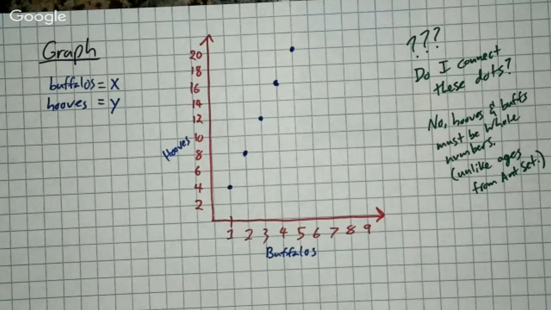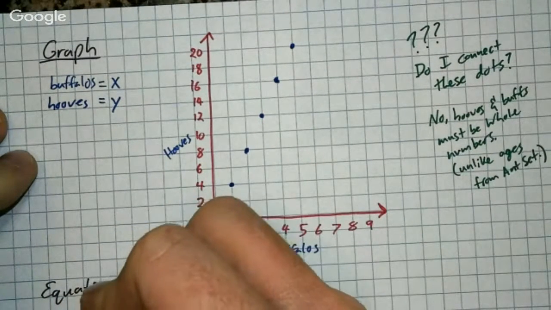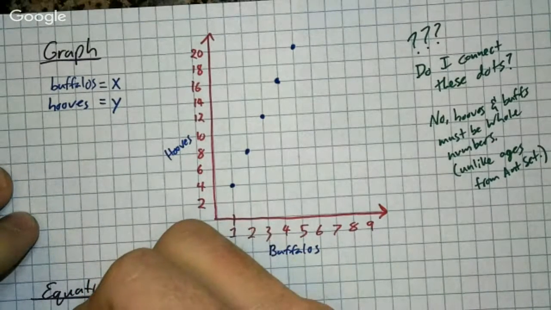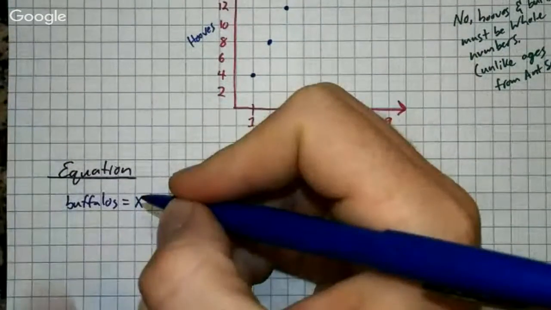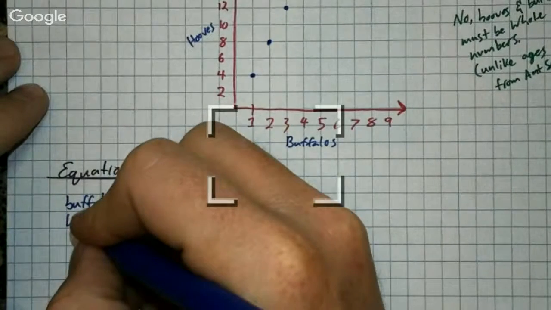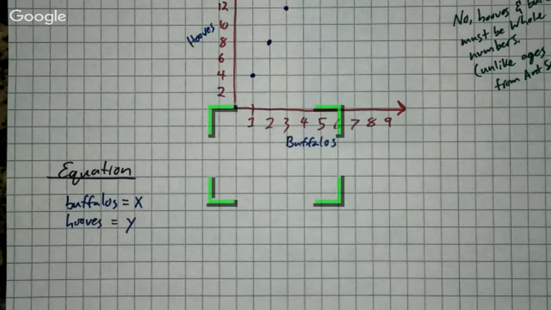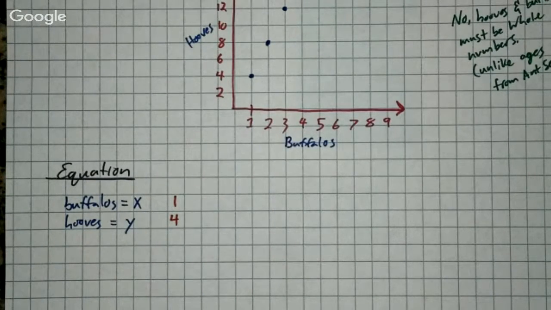So let's go look at our last way to look at relationships, and that's going to be through an equation. All right. And again, we're going to keep the same situation where our buffaloes are going to be our X value, and our hooves are going to be our Y value. Okay, so let's look at what the most simple explanation of this is right now. The most simple way to look at this is that if we had one buffalo, we would have 4 hooves, and that relationship stays constant.